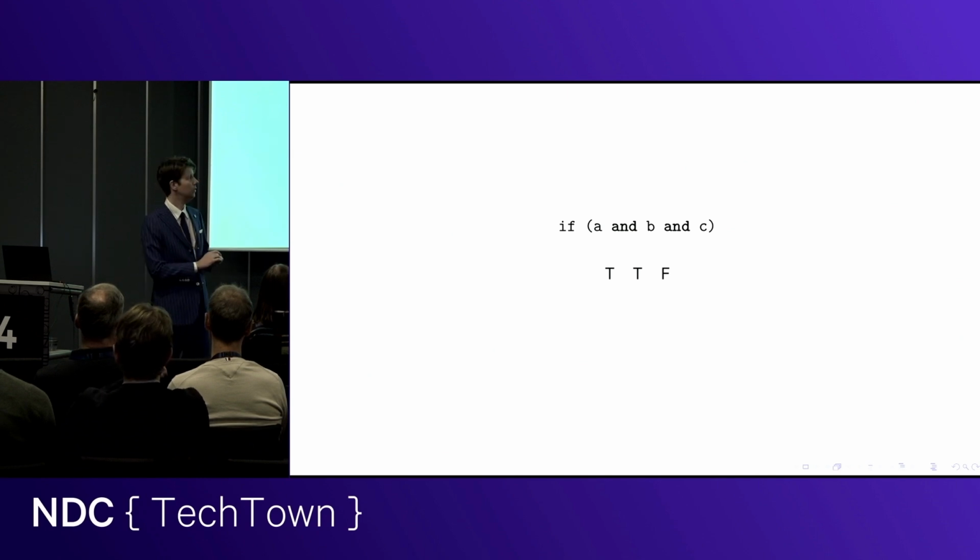And the question is, A and B, do they have any decisive power over the outcome? And the answer is no, they're dominated by C. Because if you flip either of A and B to false, the outcome is still false. So that's what we're testing there.